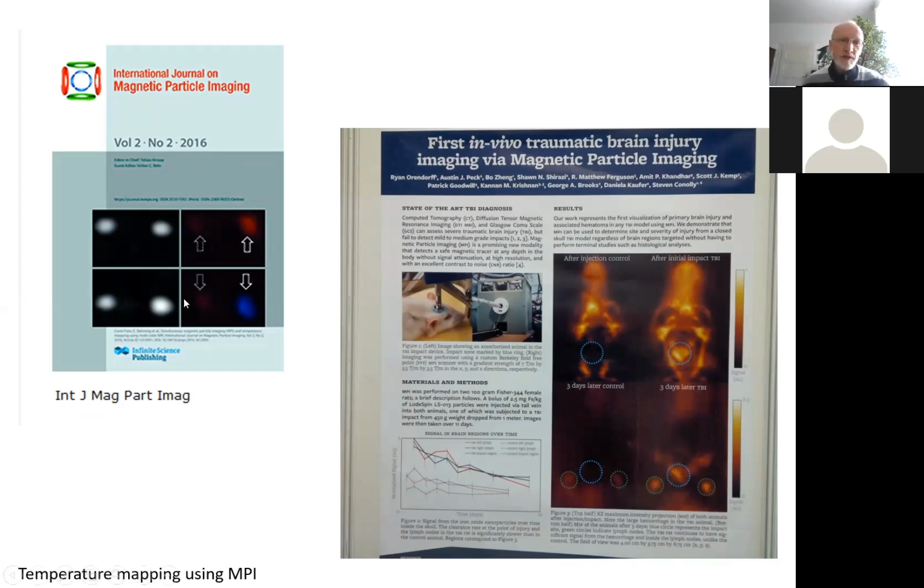So temperature mapping is possible. There are also approaches to use it directly in certain pathologies. Here is first in vivo traumatic brain injury using this method and so on. So it's still under investigation what this method enables in the near future.